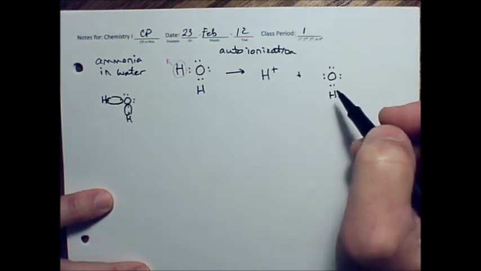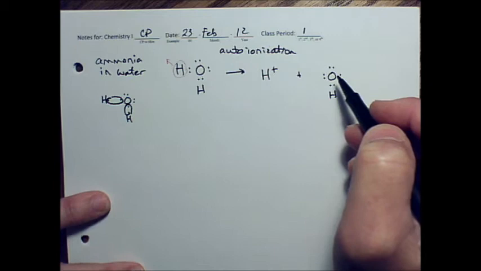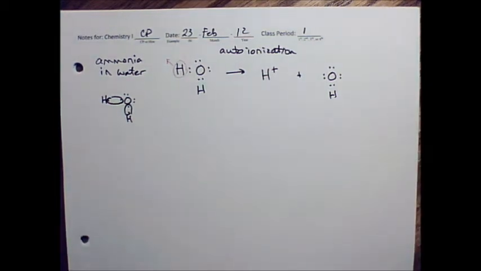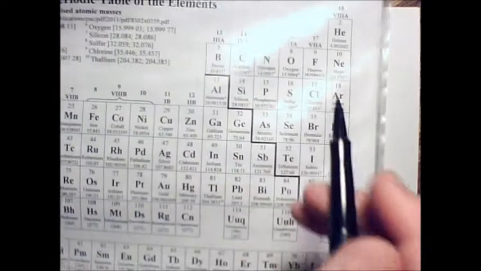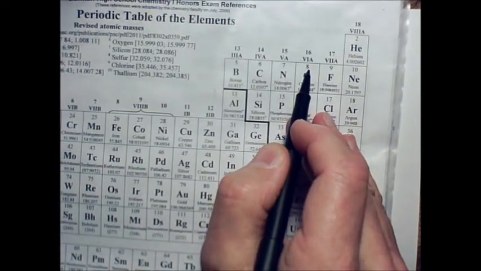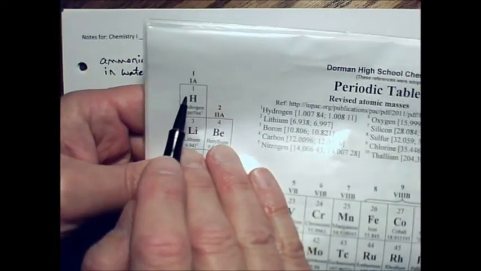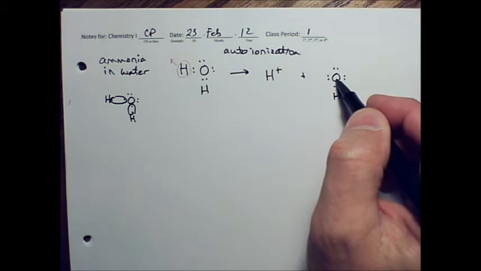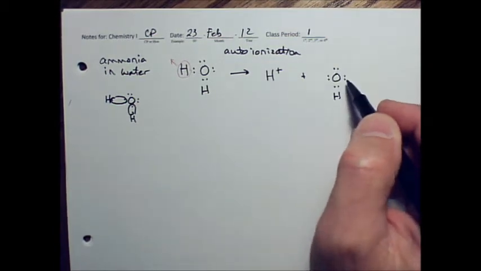It has one more electron than all the protons that are made up in this oxygen nucleus and this hydrogen nucleus. So the oxygen nucleus, where's my periodic table? Here it is. Well, the oxygen nucleus has 8 protons. The hydrogen nucleus has 1. So we've got a total of 9 protons in this whole structure.